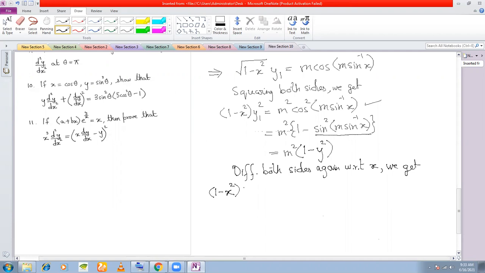For d/dx of y1 square, first differentiate the square, you get 2y1 into d/dx of y1, right? Plus y1 square, you keep as it is, and differentiate 1 minus x square to get minus 2x. This is equal to, m square is a constant, you keep it out, and now you differentiate 1 minus y square. 1 is 0, minus twice y into d/dx of y, which is y1.